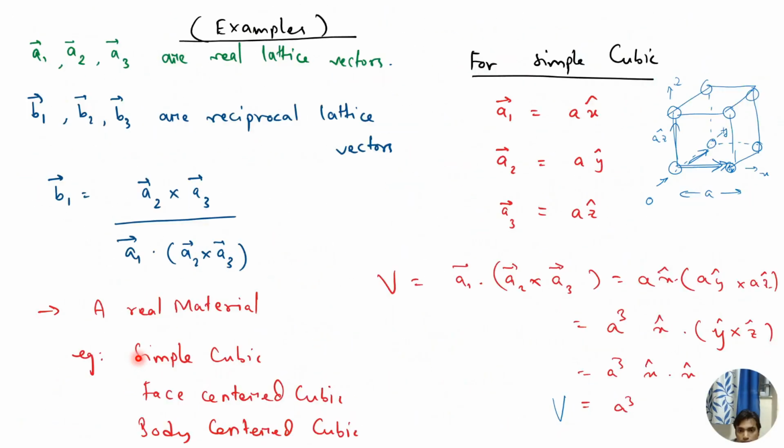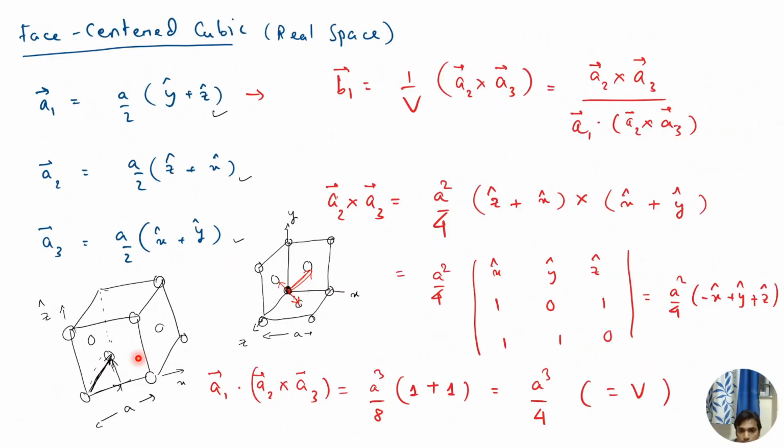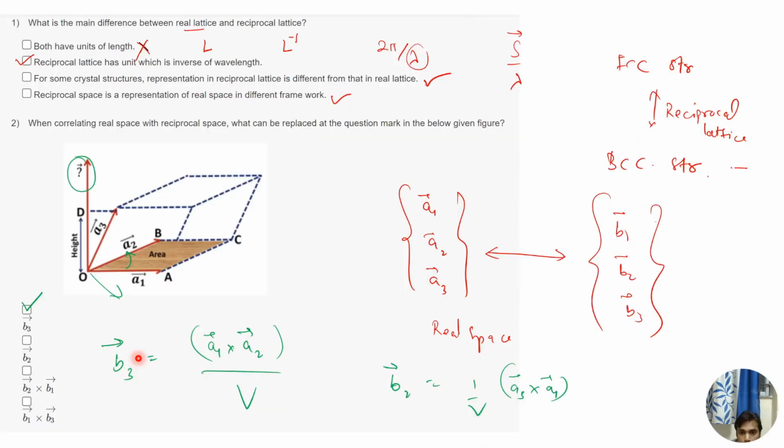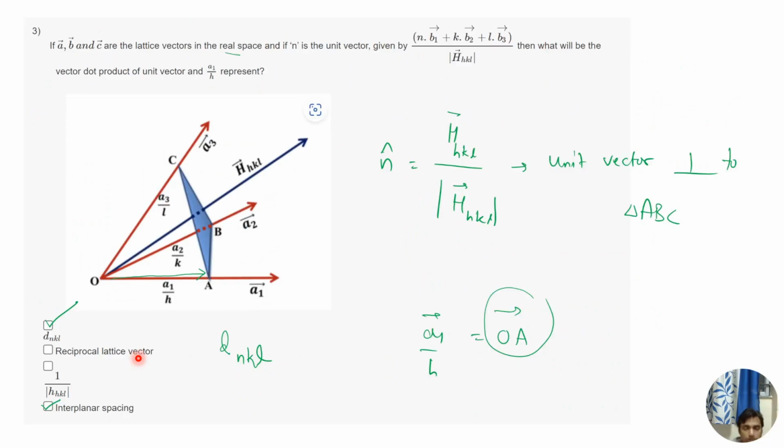In a triclinic structure, sir, a1 is not equal to a2, but equal to a3? No, in a triclinic structure a1, a2, a3 need not be the same, and the angles too.